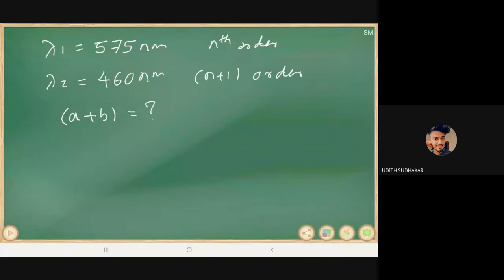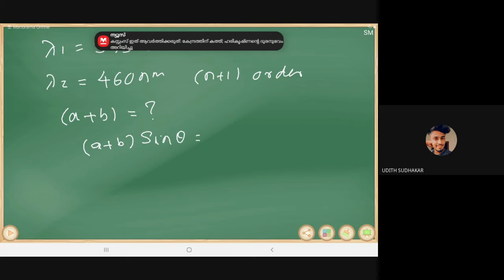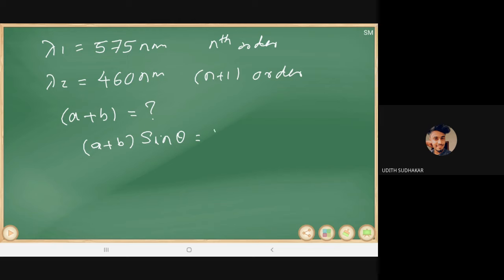The n plus 1th order of lambda 2 is superposing on the nth order of lambda 1. Both are the same, so the left-hand side is the same. You cannot directly use the other equation because what we have to find is A plus B. So A plus B sin theta is equal to n lambda 1 is equal to n plus 1 lambda 2.